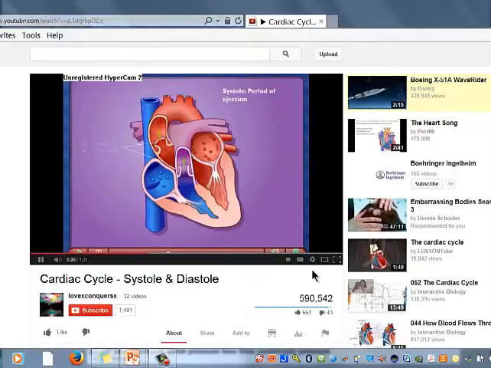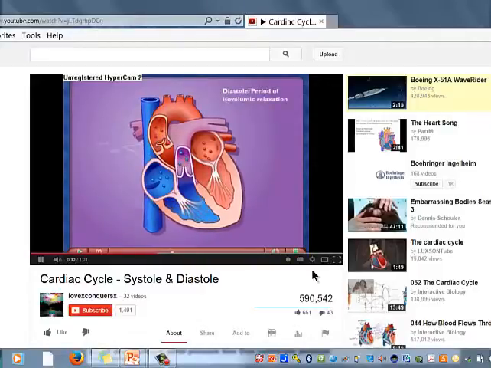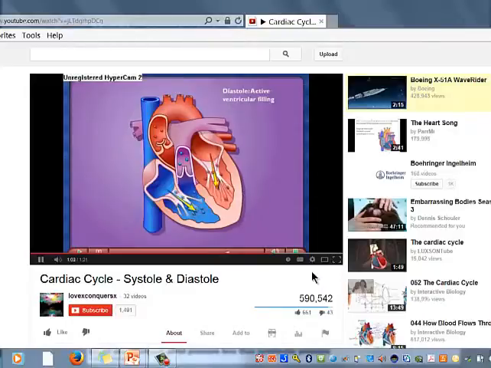When the ventricles relax and their pressures drop, blood flowing back toward the relaxed ventricles causes the semilunar valves to close, which is the beginning of ventricular diastole. Note that the atrioventricular valves remain closed. When the pressure in the ventricles becomes lower than the pressure in the atria, the atrioventricular valves open and blood flows into the relaxed ventricles. This accounts for most of the ventricular filling. The atria then contract and complete the ventricular filling.